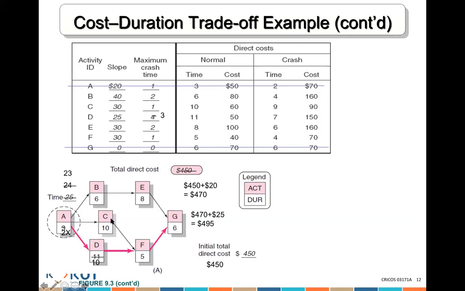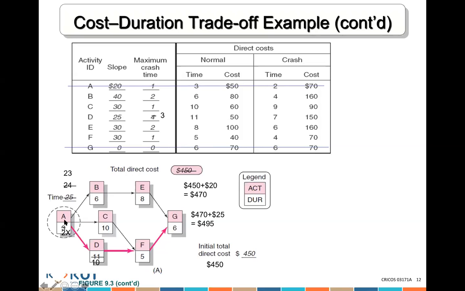You have the option to crash C and D together, because you need to crash one from each path to reduce the duration. If you reduce the duration for this one, but not this one, the project will not finish any quicker. So you need to crash one from this path and one from this path, because they both equal the same amount of time, 23 and 23.